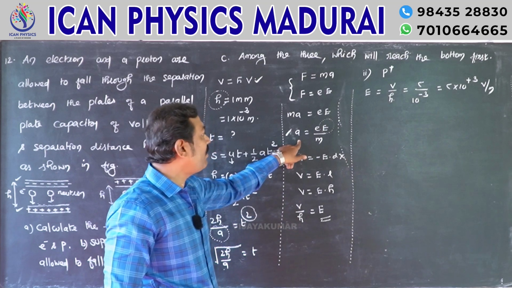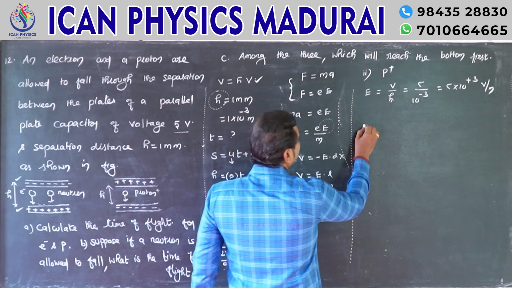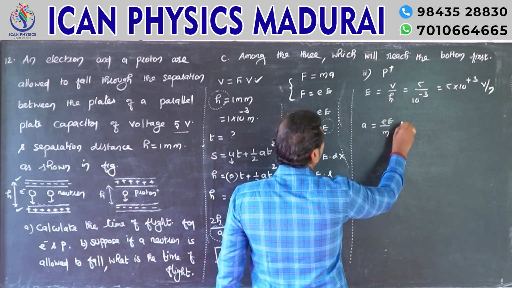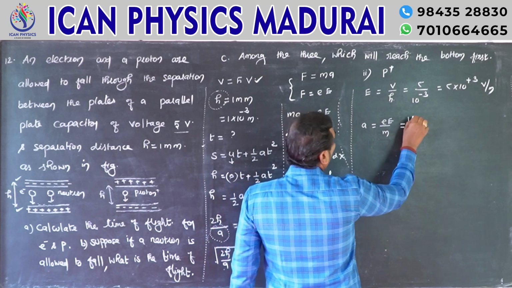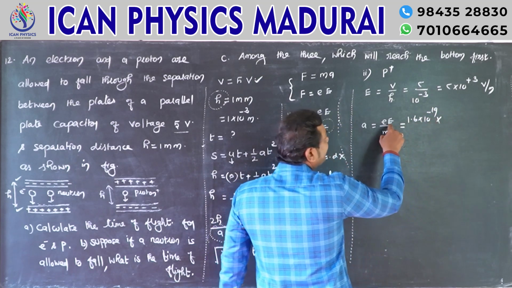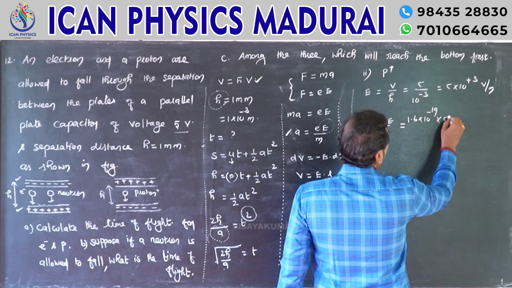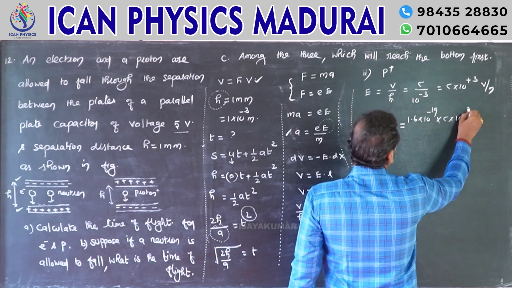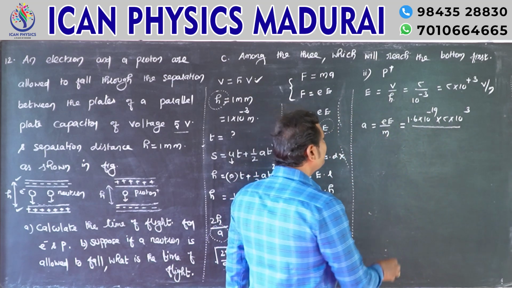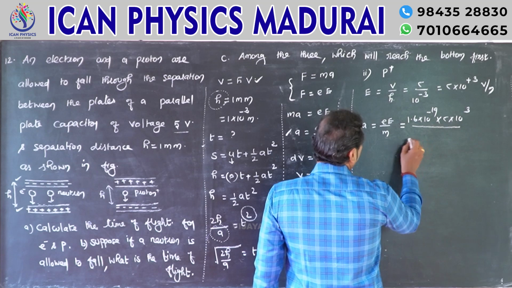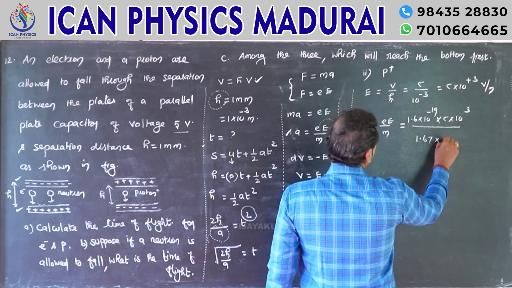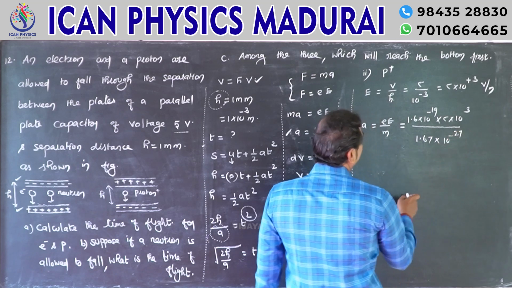Then we can calculate the value of acceleration. So what is acceleration? A equal to qE by M. q is 1.6 into 10 to the power minus 19, into E, which we calculated as 5 into 10 to the power 3, divided by M. So what is M? Mass of proton, 1.67 into 10 to the power minus 27.